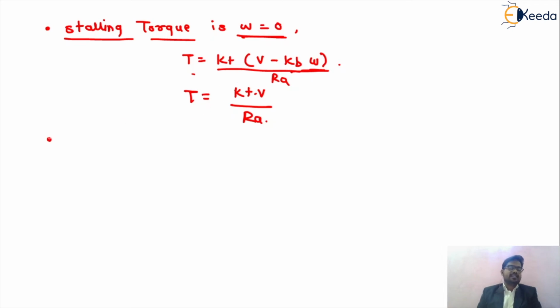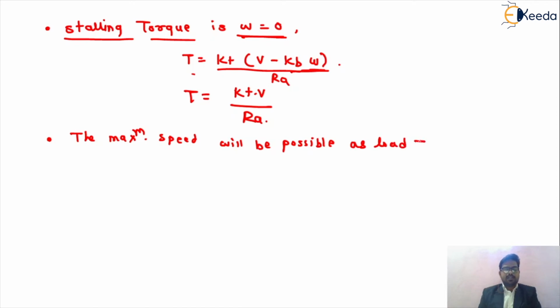Now the second case that we want to understand is the maximum value of speed. The maximum speed is possible when the load is equal to 0, that is T = 0, and we get the no-load speed, which we can write as ω0.